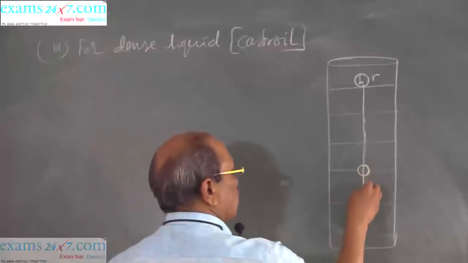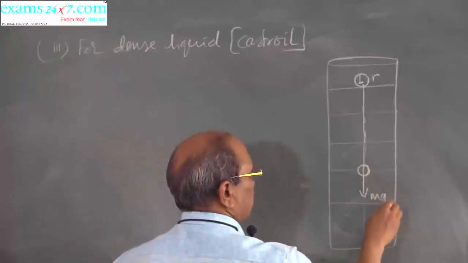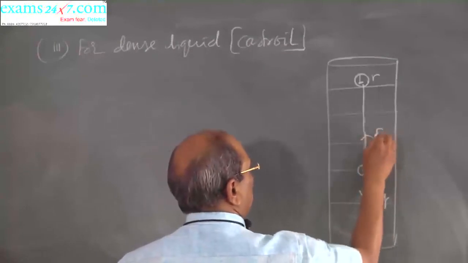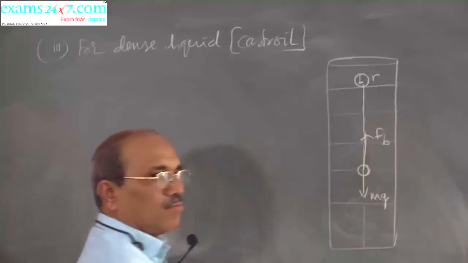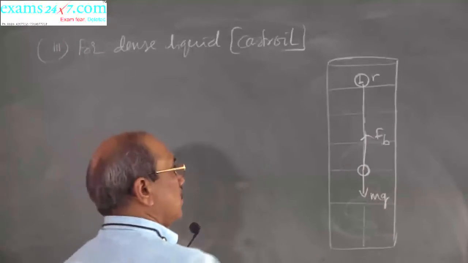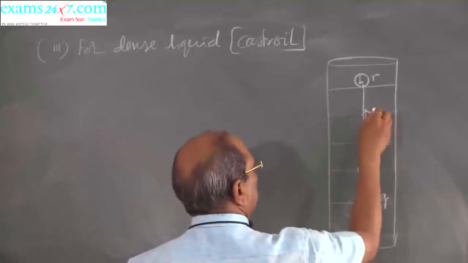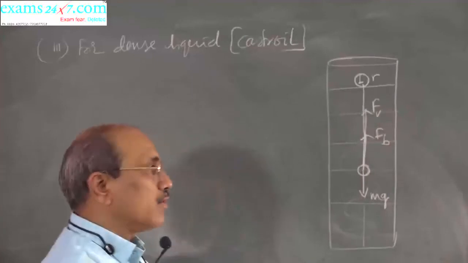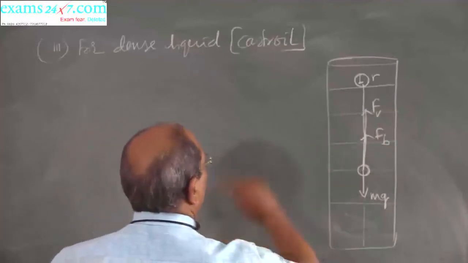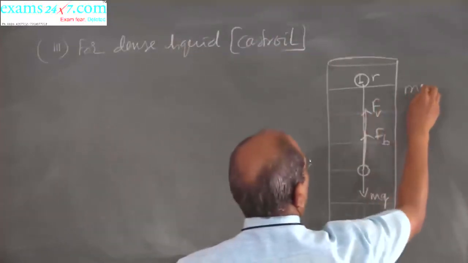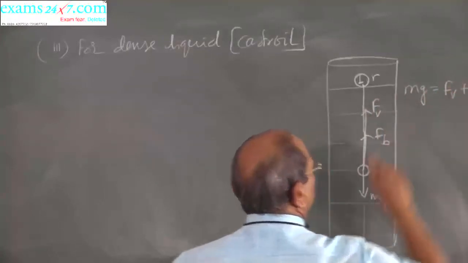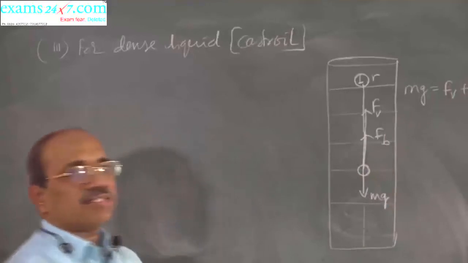One force is due to its weight, mg. Another force is the force of buoyancy, the buoyant force. And another force is the viscous force, the force of viscosity. When mg becomes equal to the force of viscosity plus the force of buoyancy, the ball reaches a maximum speed.